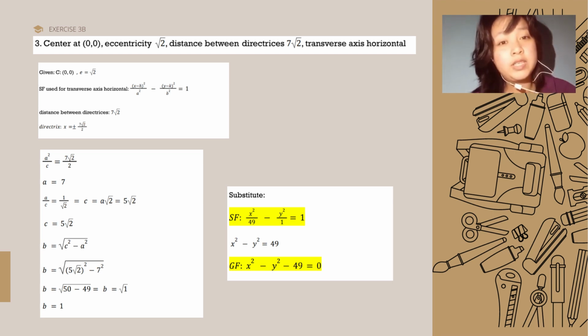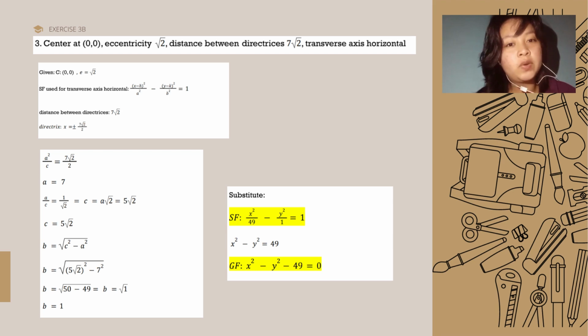In order to find b, which is square root of c squared minus a squared, wherein b squared is equal to square root of 5 square root of 2 squared minus 7 squared, wherein b is equal to square root of 50 minus 49, which is b is equal to square root of 1, wherein b is equal to 1.